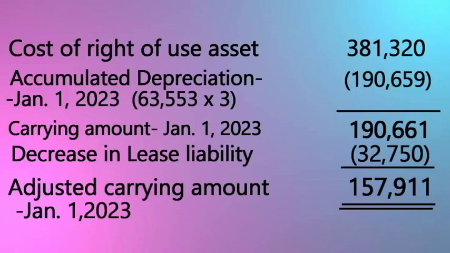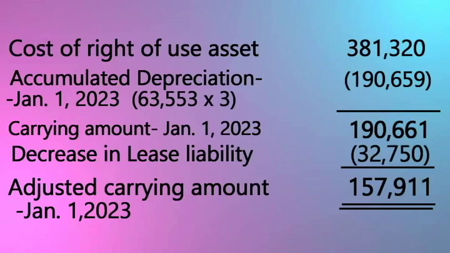Next step, we need to compute for the adjusted carrying amount as of January 1, 2023. It is computed as cost of right-of-use asset, which is the PV as of January 1, 2020, which is 381,320.